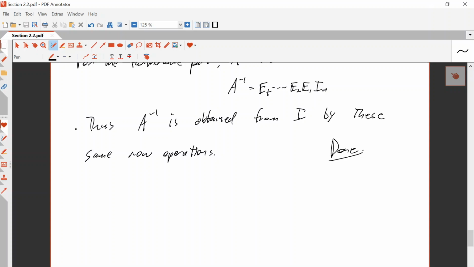So for example, let's get a reasonable example.